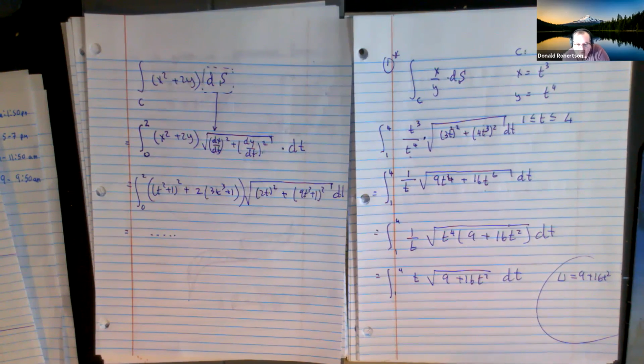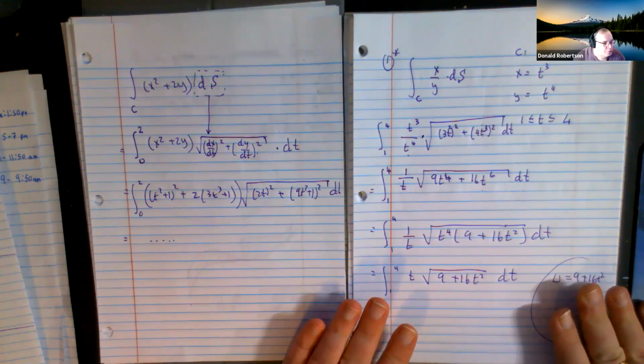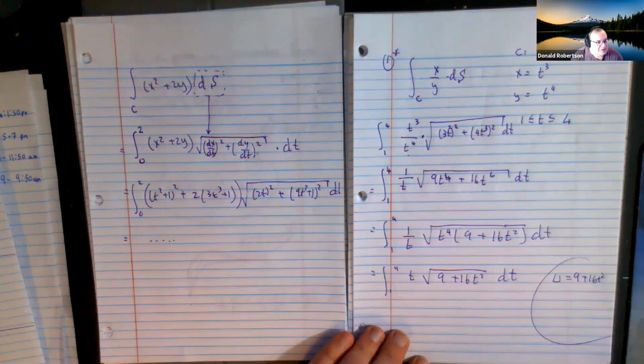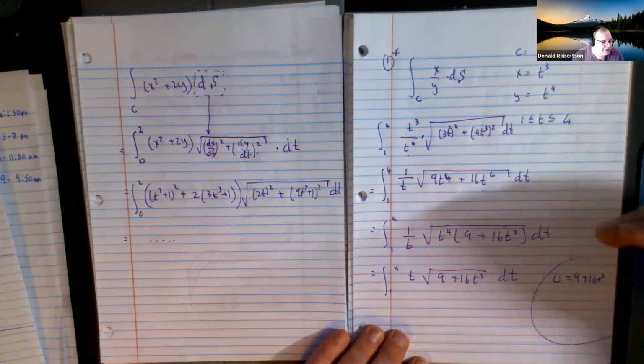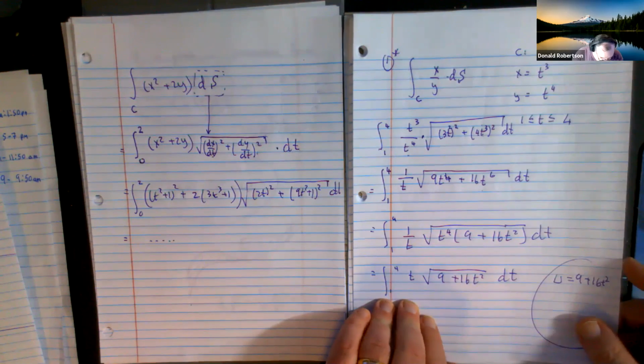Maybe the next time it's an integration by parts, maybe the next time it's a trig identity. So don't let the Calc 2 rustiness make you think you don't know how to do line integrals. You know how to do line integrals, but maybe occasionally you get caught up on the details.